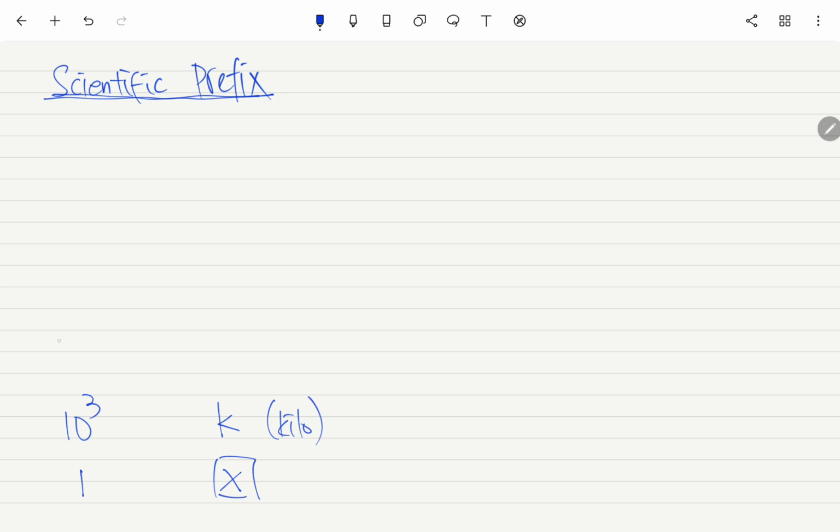Then 10 to the sixth power is mega. And then 10 to the ninth power is giga.